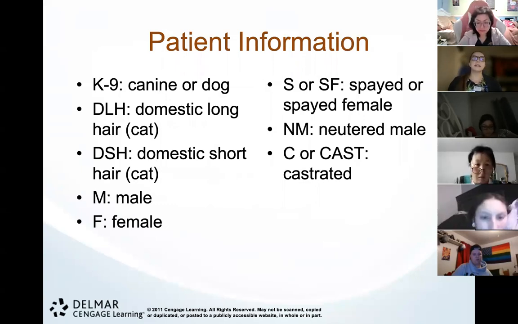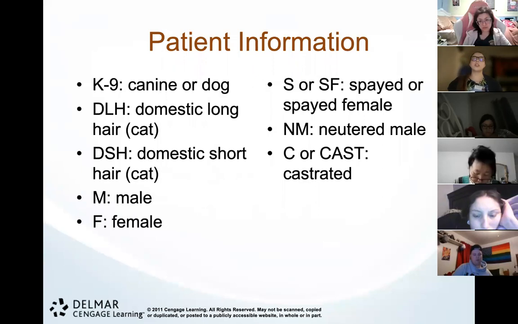When we have intact males or females, we'll just call them male or female. But if they're spayed or neutered, that becomes spayed female SF or neutered male NM. So the sex would be SF, NM, M, or F, depending on their status.